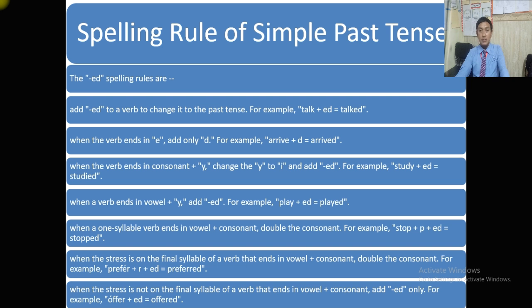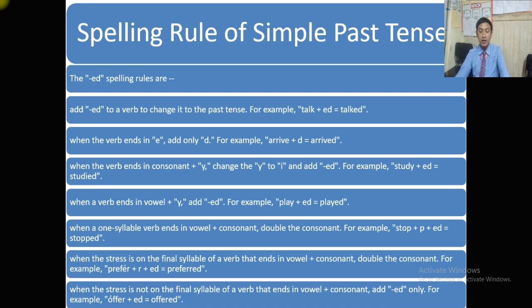So next, when the stress is on the final syllable of a verb that ends in vowel plus consonant, double the consonant. Now you can see the example. For example, prefer: you have to add r and add ed, preferred.